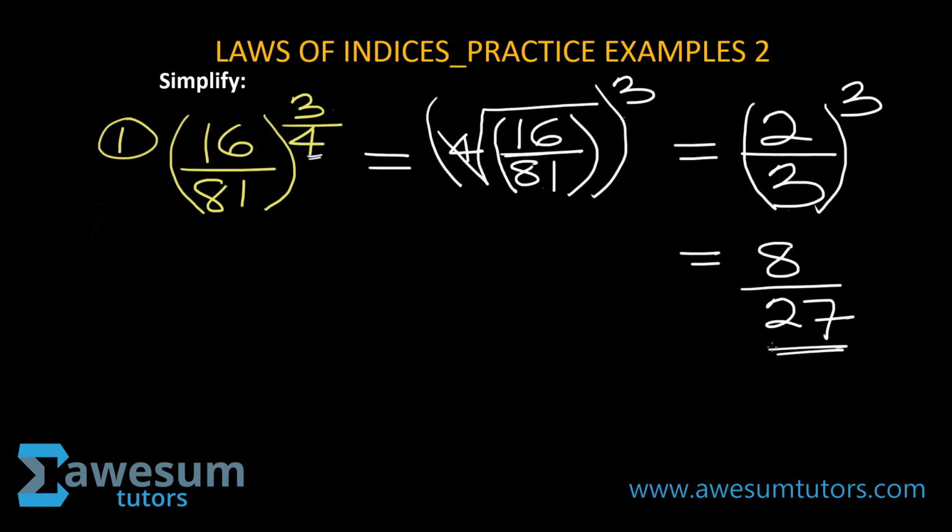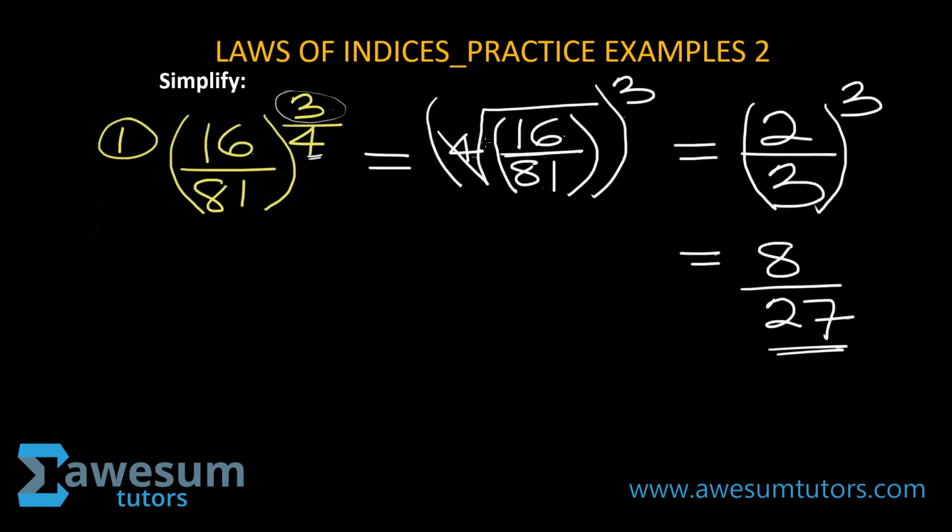How did we solve this question again? The question is 16 over 81, everything raised to the power of 3 over 4. We are using fractional indices right here. The denominator will represent roots, but because it is 4, it's going to be the fourth root of this base, 16 over 81, everything raised to the power of this numerator, which is 3.